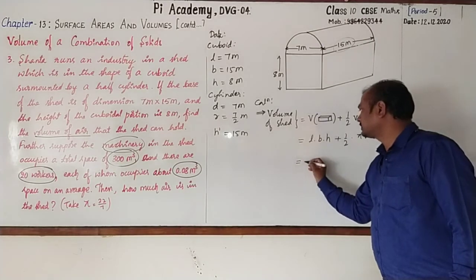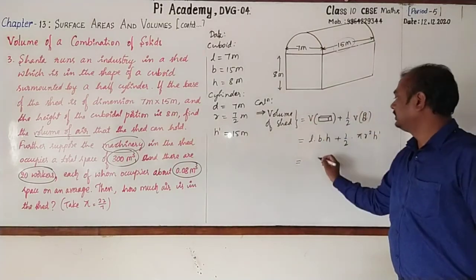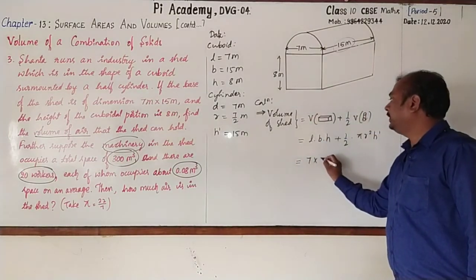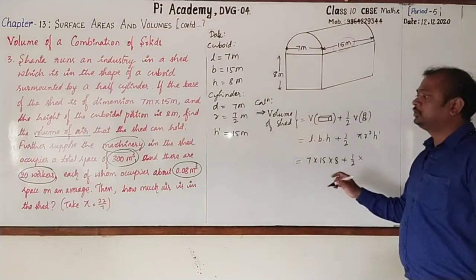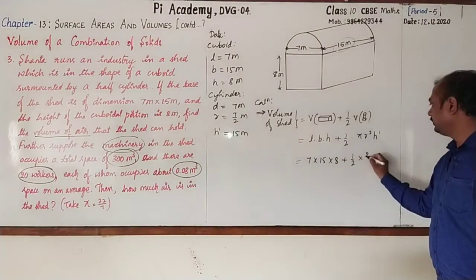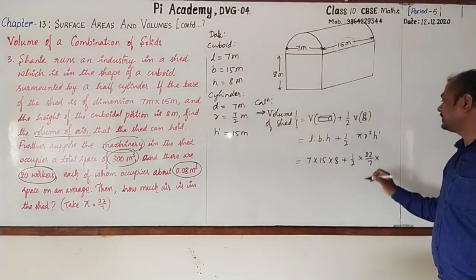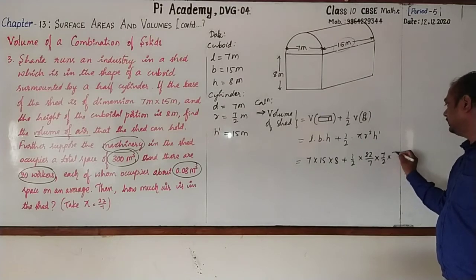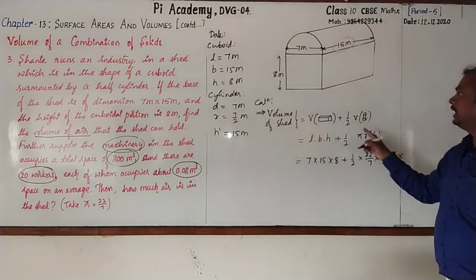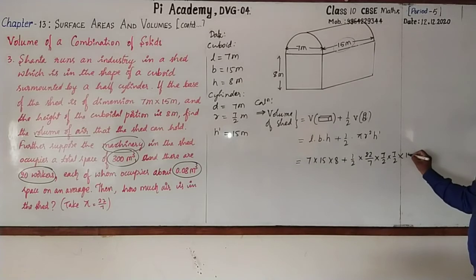Now go for substitution. What is L? It is 7 meter. B is 15 meter. H is 8 meter, plus 1 by 2 into pi. They have given us to take the value of 22 by 7. R square, R is 7 by 2 into 7 by 2 into H dash. This is 15 meter. Followed?